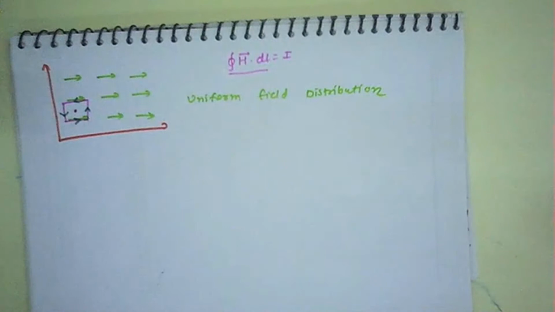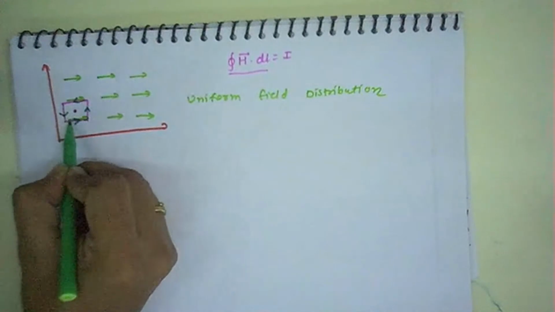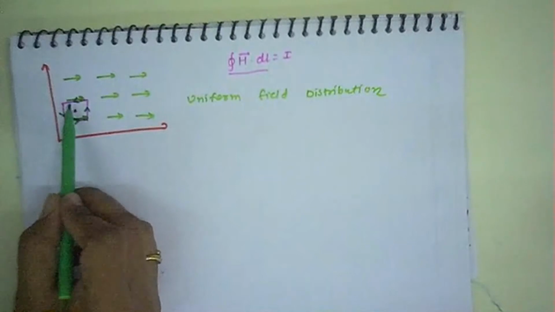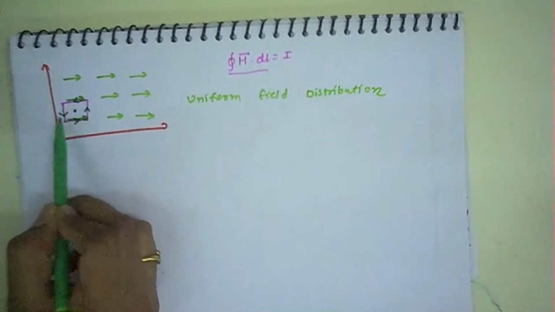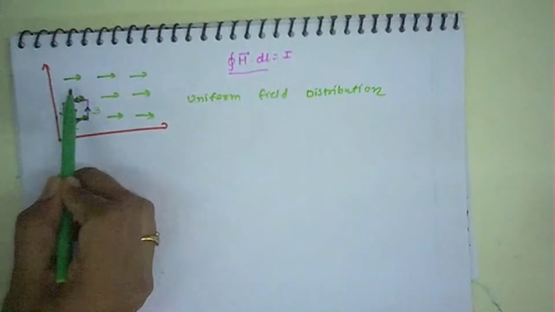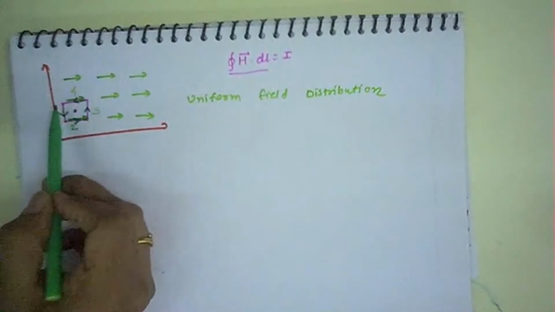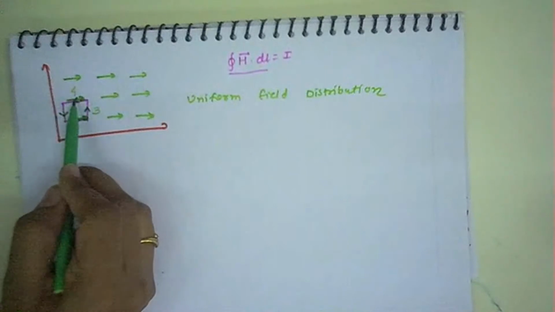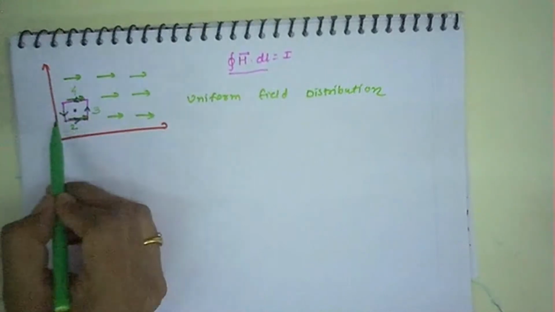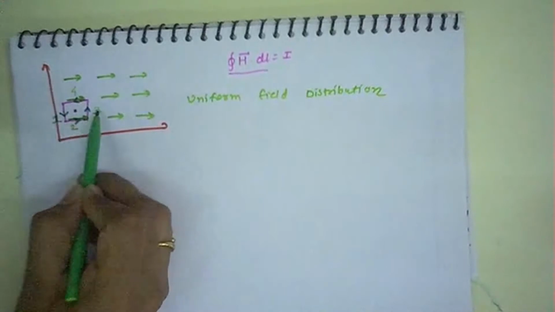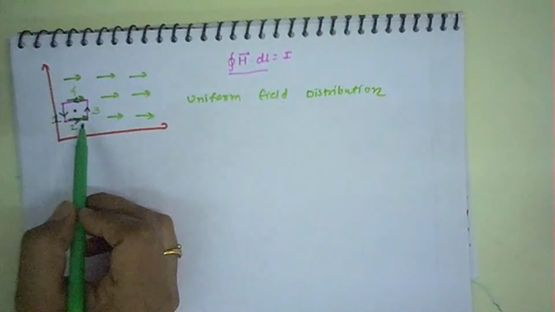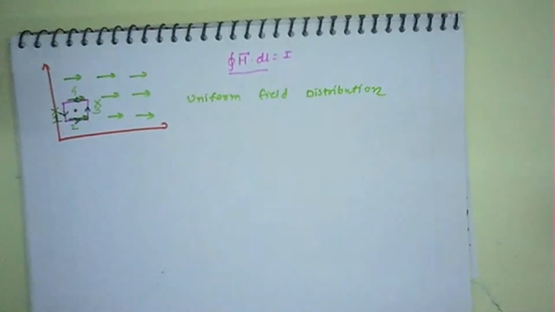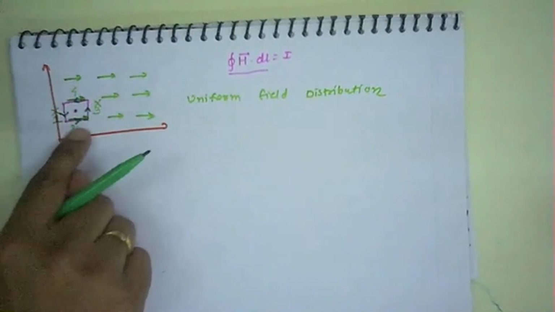Here we have taken the field direction as this, and if I look at the four sides of this closed path, 1, 2, 3 and 4, out of these four sides, only sides number 2 and 4 are in the direction of my field, whereas 1 and 3 are not in the direction of the field. That means these two sides would not contribute to calculating the total curl of this vector.